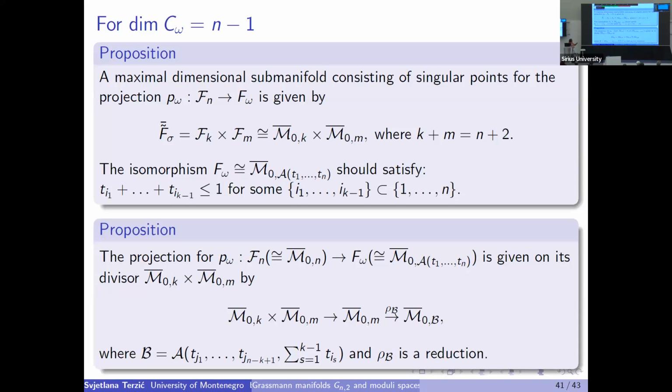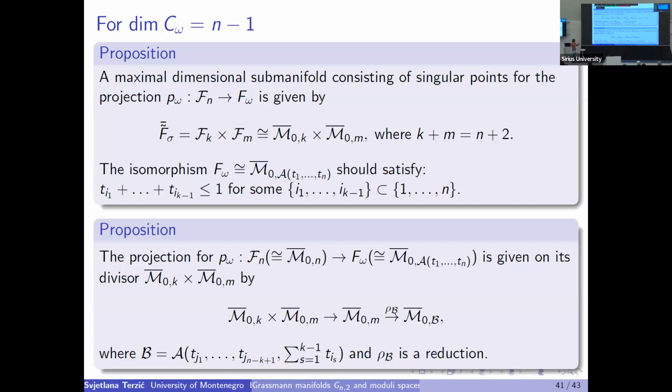Further, Hassett described the boundary divisors. The analogous theorem, our theorem, is that the maximal dimensional submanifold consisting of singular points from our projection is given in the following way. So it follows that our projection P omega from Fn to F omega, where Fn is just this space, M bar 0 A 1 1 1, and F omega is this space for the linearization T1 Tn, is given on the divisor by the following.